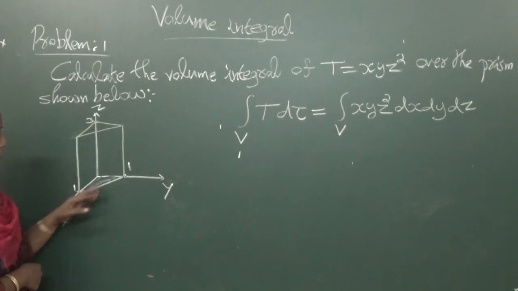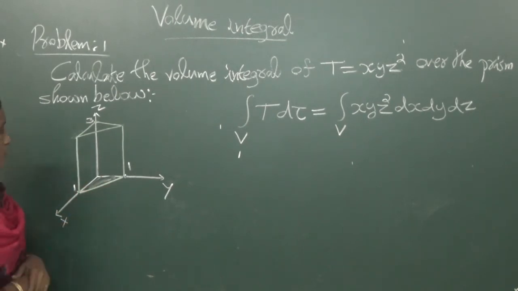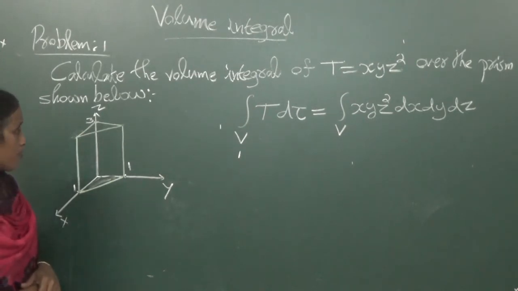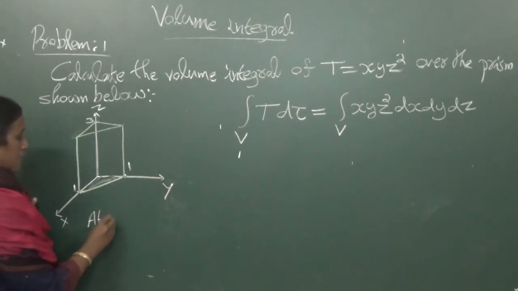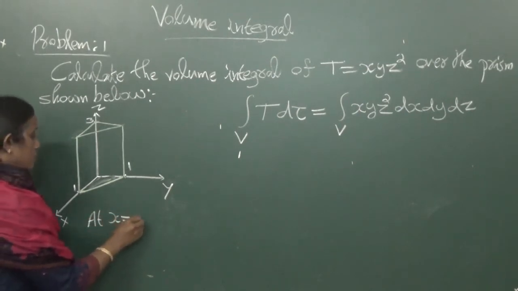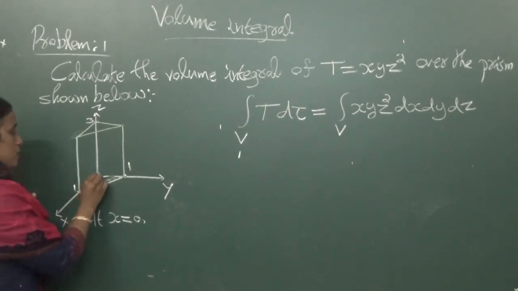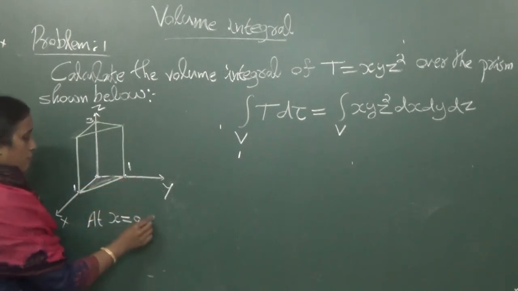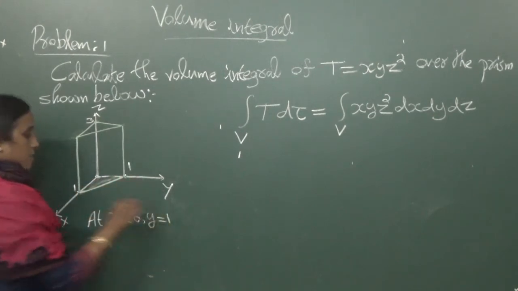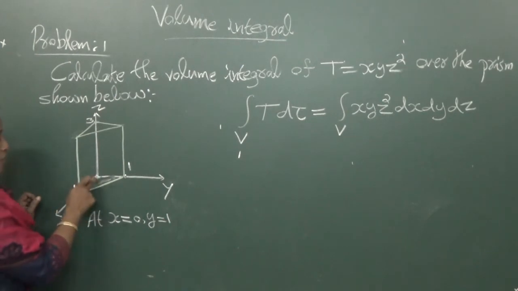Now, what is this straight line? For that we can check. At x equal to 0, y equal to 1. At x equal to 1, y equal to 0.